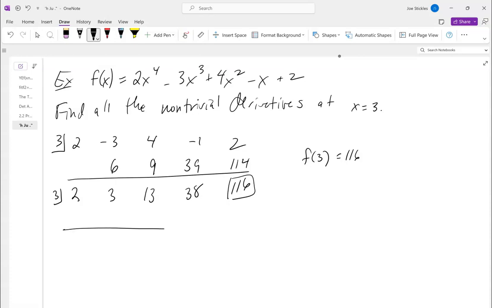Do it again. We'll lop off this one. We don't use the 116 because that's the remainder. Bring down the 2. Multiply. Add. Multiply. I should have put more negatives in here so these numbers were smaller. And add.